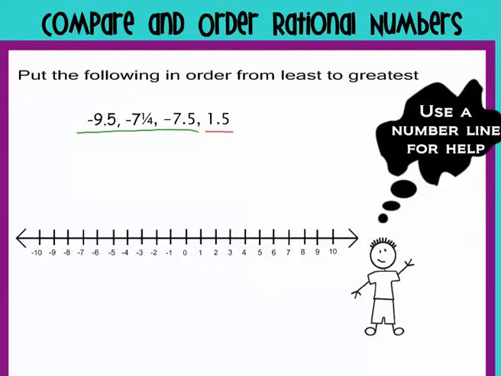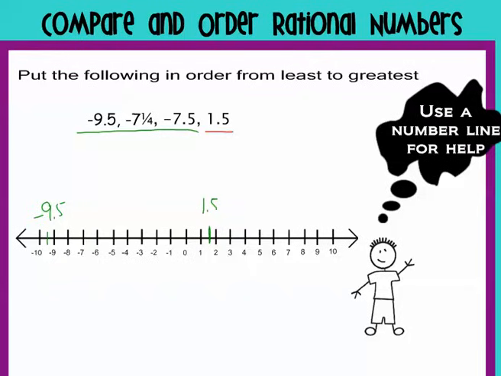And if I want to look at a number line, I can see that it occurs right over here. Now I need to look at negative 9.5, negative 7 1/4, and negative 7 1/2. By looking at the whole number portion, I know that negative 9 is farther away than negative 7. So it's going to be my smallest number in this list.